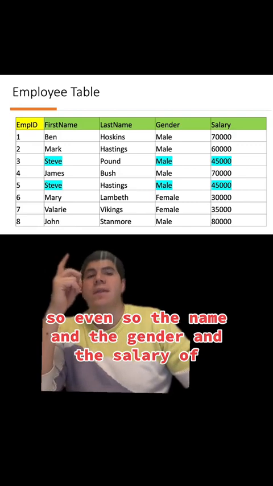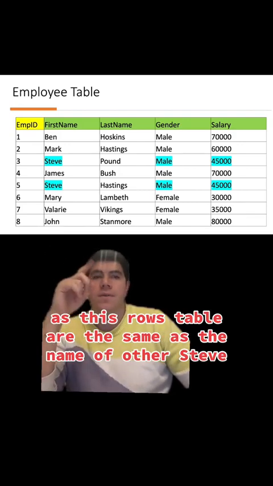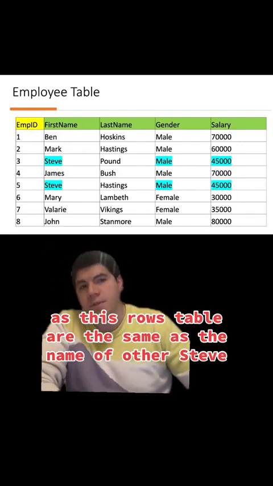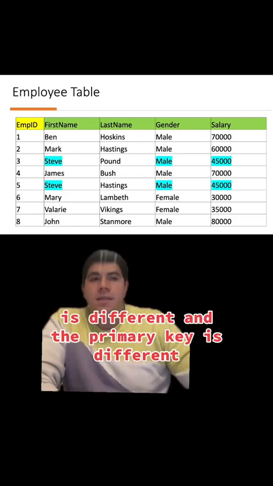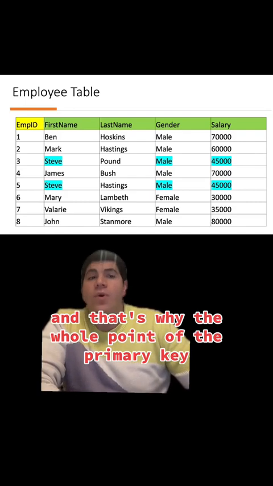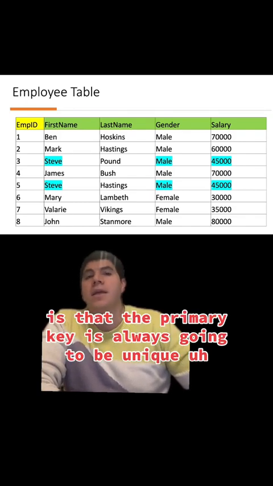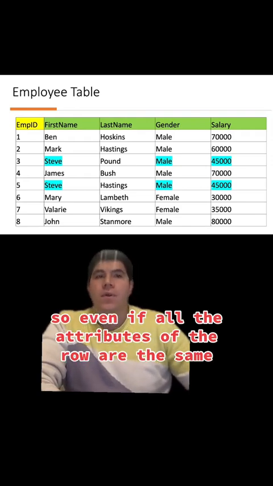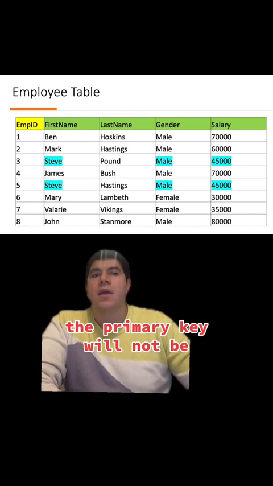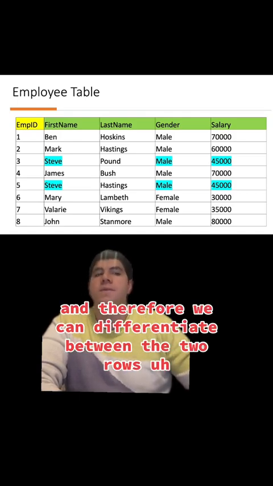Even though the name, gender, and salary of this row are the same as the other Steve, the ID is different. I mean, the primary key is different, and the whole point of the primary key is that it is always going to be unique for each row in the table. So even if all the attributes of the row are the same, the primary key will not be, and therefore we can differentiate between the two rows.